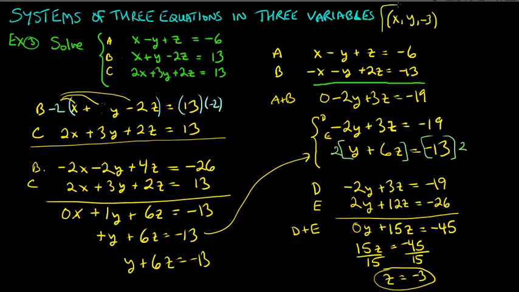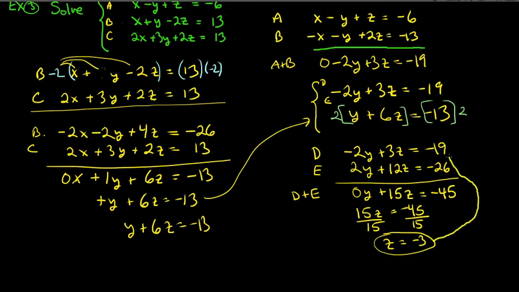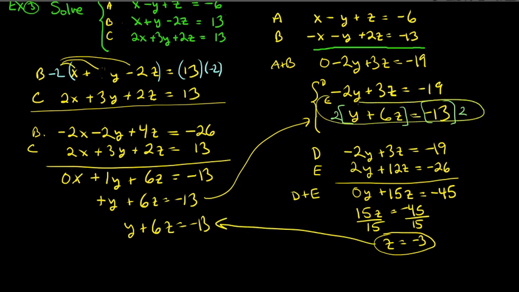But we're not done because remember, we need to find x, y, and z. All we have is z here. So how do we find x and y? At this stage, if you replace z with negative 3 in either one of these equations, you can get y. In fact, let's do it in this equation here, which is really just E before I multiplied by the 2.